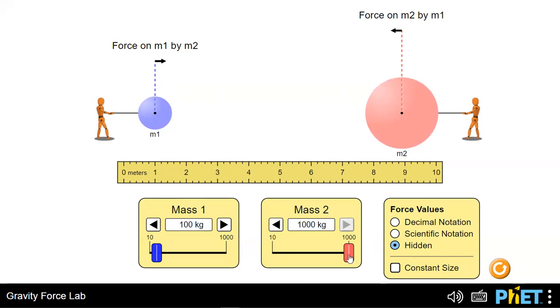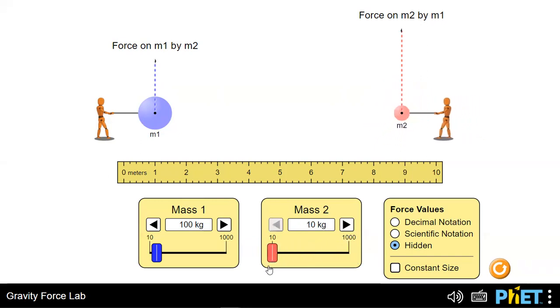So that's 1 kilogram only. So I don't have 1 kilogram. I only have 10 kilograms. So we are going to change mass number 2 into 10 kilograms instead of 1 kilogram from our presentation.